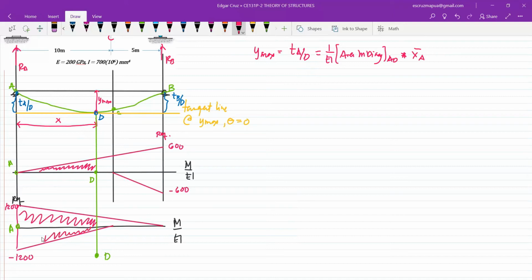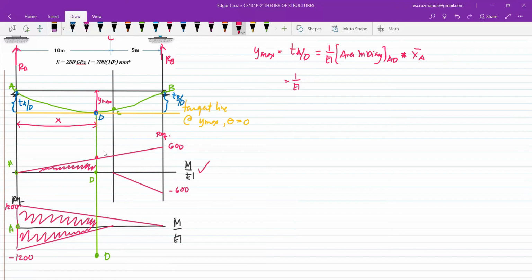Di hamak na mas komplikado yung trapezoid. So with that, ito yung gagamitin nating reference or moment diagram. Okay, so paano? So that is 1 over EI. Okay, so kaya lang we need to identify this point.